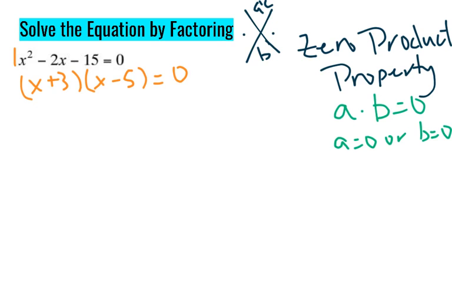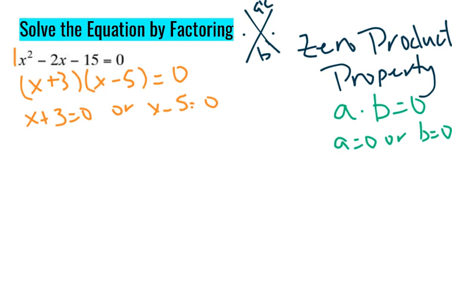So we can use that same property when it comes to our quadratic, because just like A and B are factors, that x plus 3 and that x minus 5 are factors. So then I know that either x plus 3 has to equal 0 or x minus 5 has to equal 0.